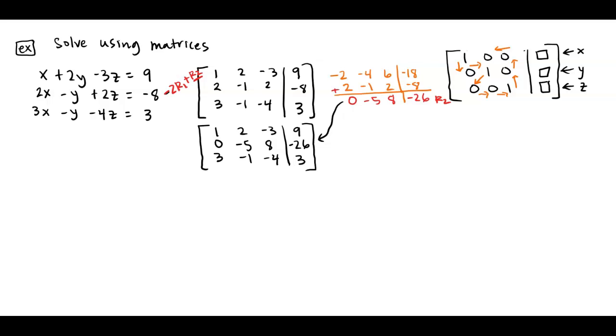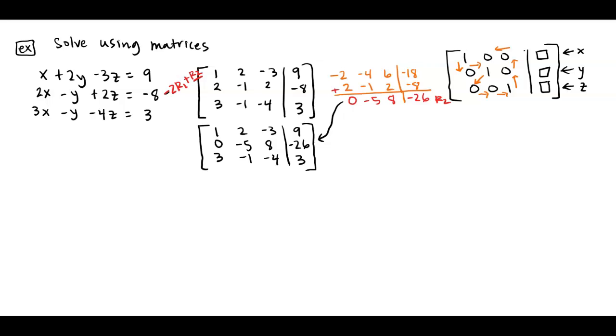So now I want to get a 1 in the very center where that -5 is. Remember, to make 1s, we can multiply by the reciprocal. So this is where I'm going to get some fractions in it. But that's okay, don't let those fractions scare you. Get a good calculator that will help you with it, and you'll be just fine.